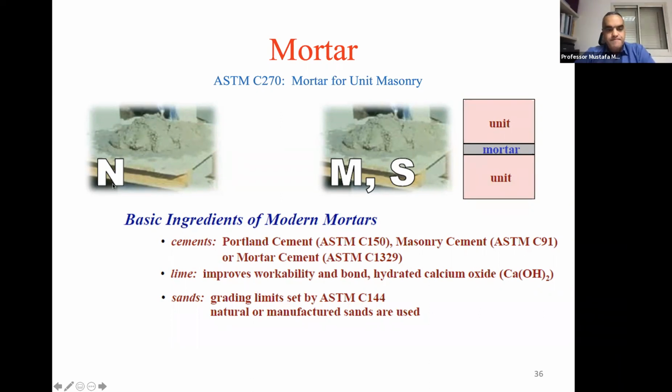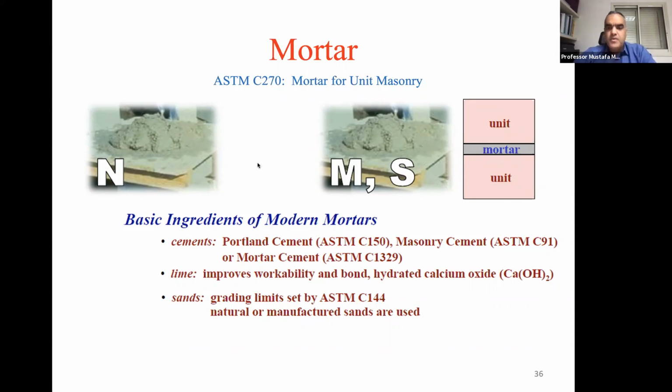Now we have three types that are typically used for structural applications. We have type N, type S, and type M. The ASTM specification is C270. So this is something that you also need to specify as a structural engineer, the specification for the mortar to be used in the masonry units.